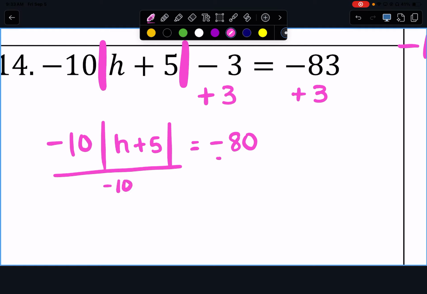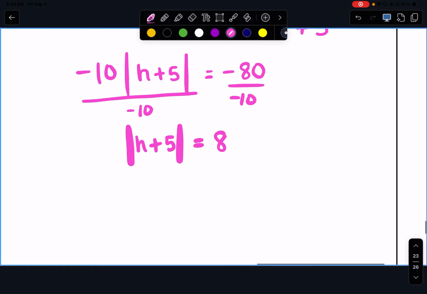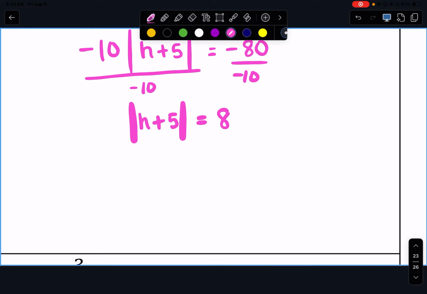Absolute value is unique compared to parentheses because I can't distribute into the absolute value. That is why it is different. So we get the absolute value of h plus 5 is equal to, what is negative 80 divided by negative 10? And then I want y'all to solve it from here.